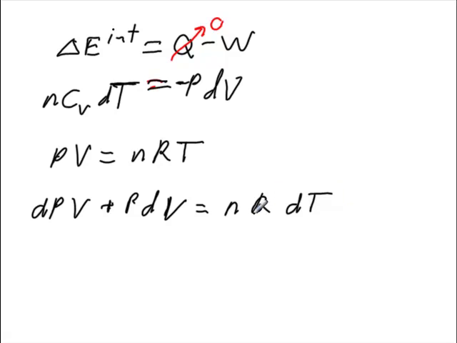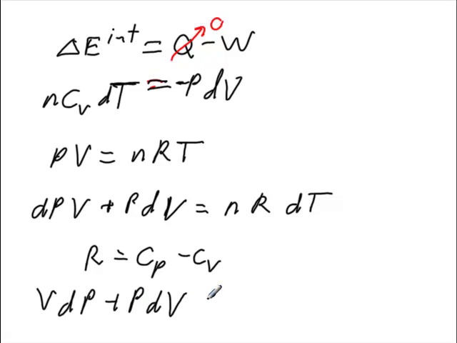Well, we can replace R by Cp minus Cv. And then what I get is V dP plus P dV equals n times Cp minus Cv dT.